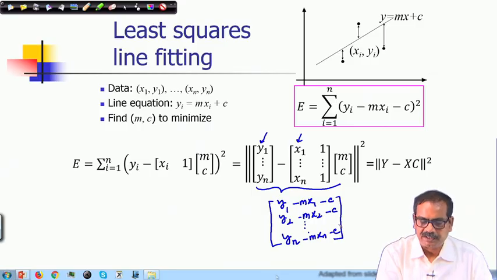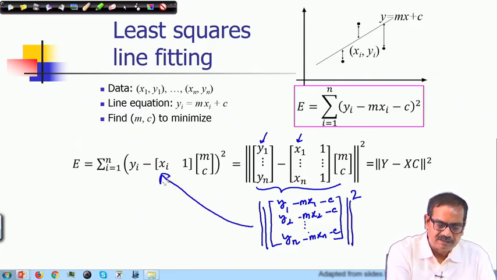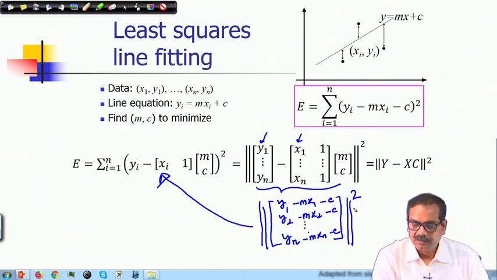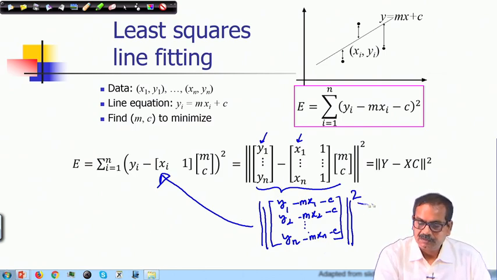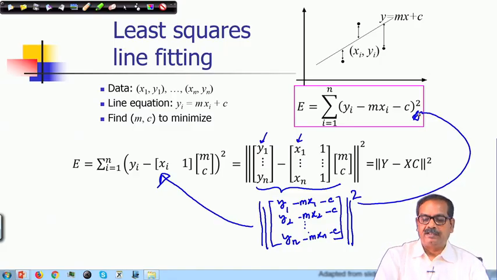So, this is a column vector, and if you take the norm of this vector and take the square of the norm, that exactly gives you this equation. You can verify that. So, this is nothing but represented in this short form.